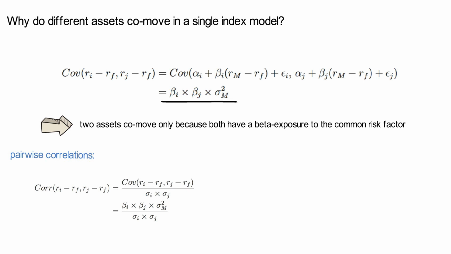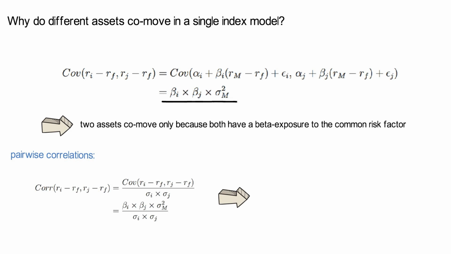Work out yourself that this coincides with the product of both betas times sigma square m divided by sigma I times sigma J. There is not much to work out, as we've just shown that in the previous calculation step.